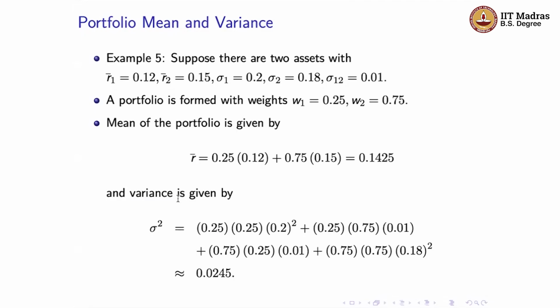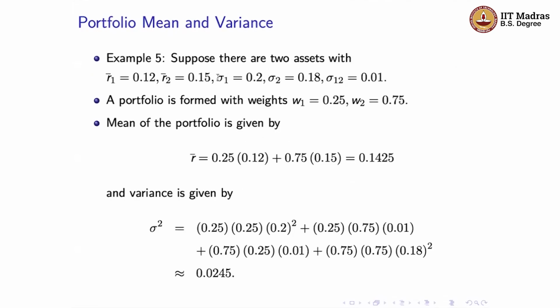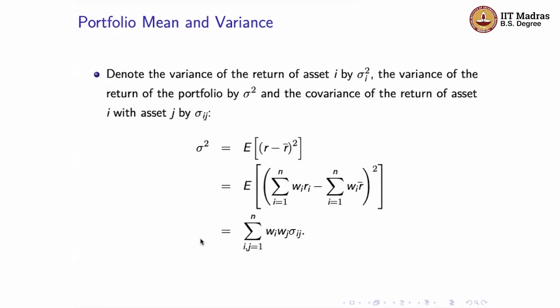And for the variance, we are going to apply this formula. So let's see how it applies. Remember here, n is equal to 2, and we have W1 equal to 0.25, W2 equal to 0.75. And we also have the different sigmas that we want, right? So the first term will be when we have i equal to j equal to 1.